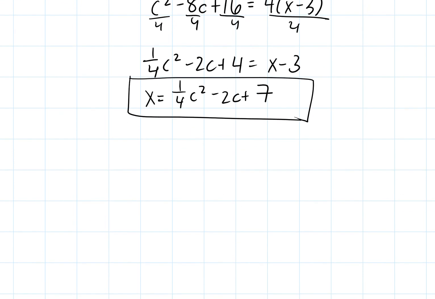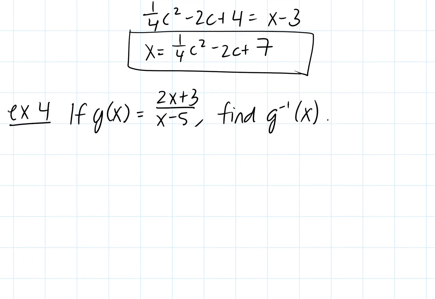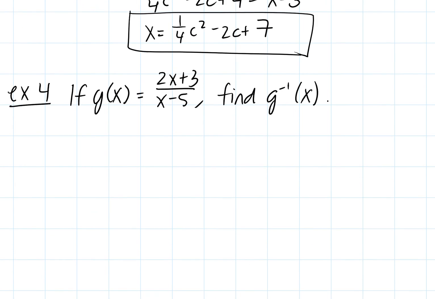Okay, let's do 2 more. If g of x is 2x plus 3 over x minus 5, find its inverse function, g inverse of x. Again, we just need to take our x's and y's and switch them.